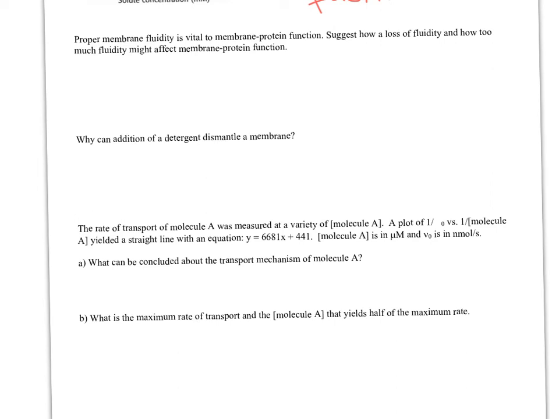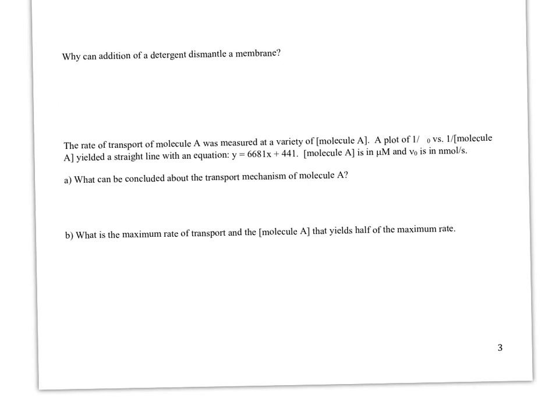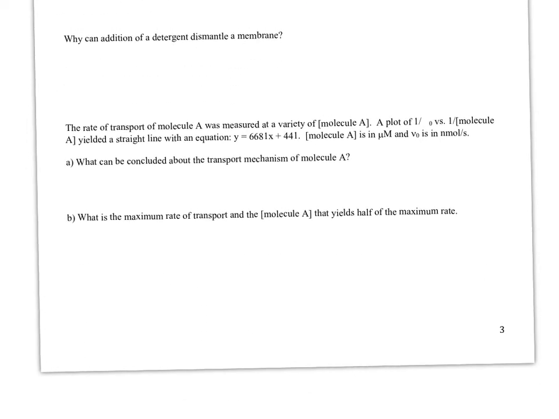If they were too fluid, the proteins would move too much and potentially move away from each other and have much less restricted movement, which could alter the function of the membrane. And if it were too rigid, then you would have an issue with the proteins not being able to move as much, and proteins need to move in order to work.